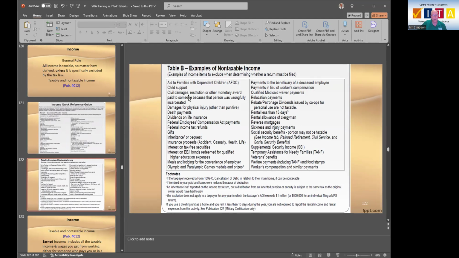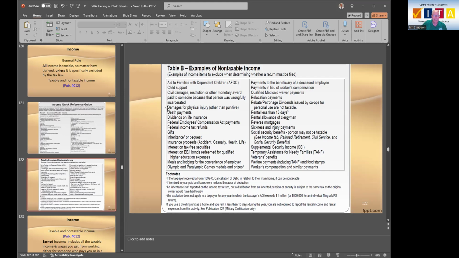Meaning, those are like those big awards where they're punishing a big corporation for doing stuff and they award you 5 million. That could be taxable. But if it's just compensating you to help you fix your car from an accident and give you money for the time you lost from work and for some pain and suffering, right? That's not punitive. That's compensatory and it's not taxable.